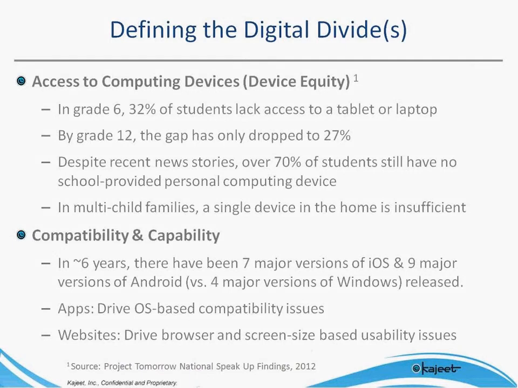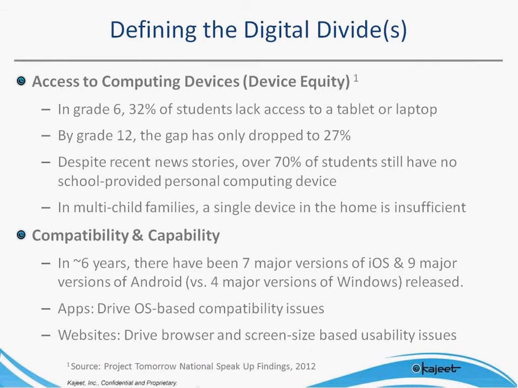When we talk about device equity, I want to touch on compatibility and capability of devices. For a long time, we were focused on deploying desktops or laptops into families or in classrooms, and became accustomed to the refresh cycle of those types of devices.